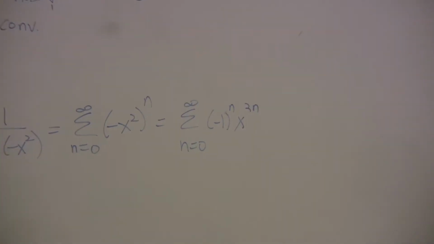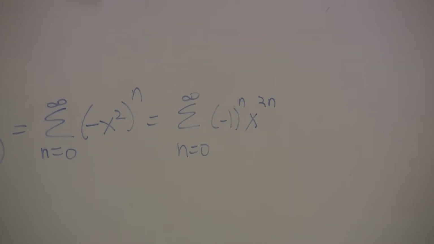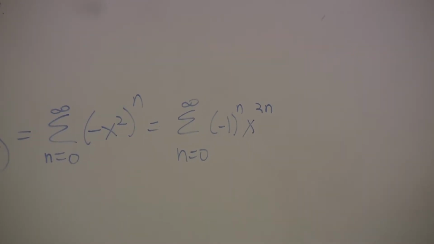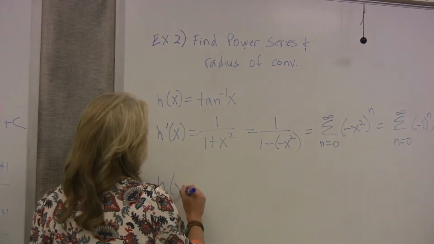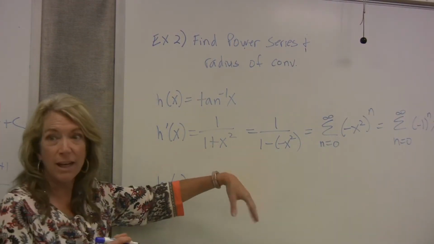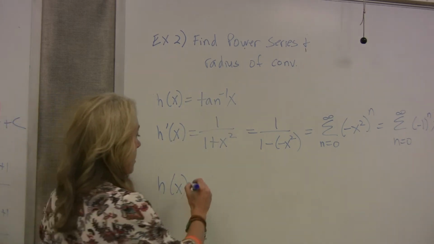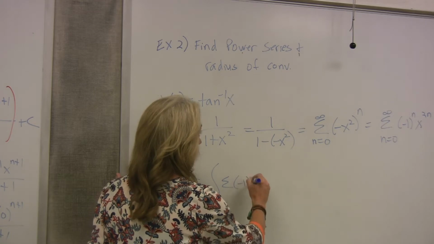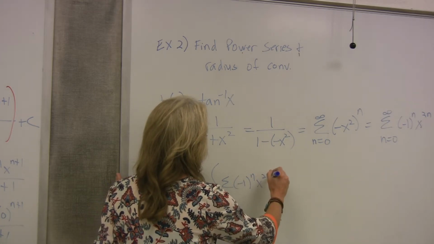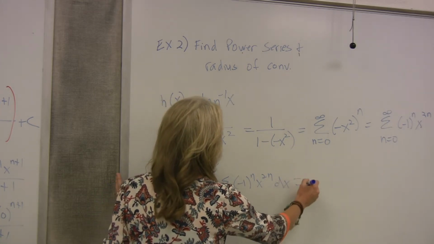So to get back to h, what do I need to do? I have to integrate. Since I took the derivative, I now have to integrate to get back to where I started. So h of x is going to be the integral of this series with respect to x.